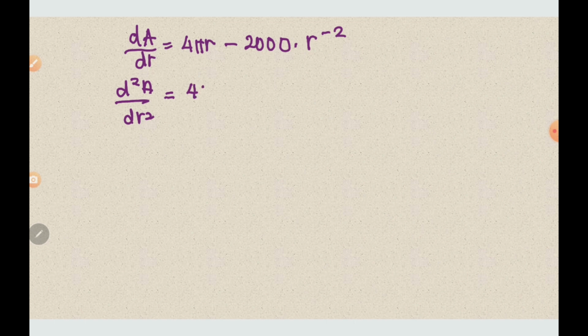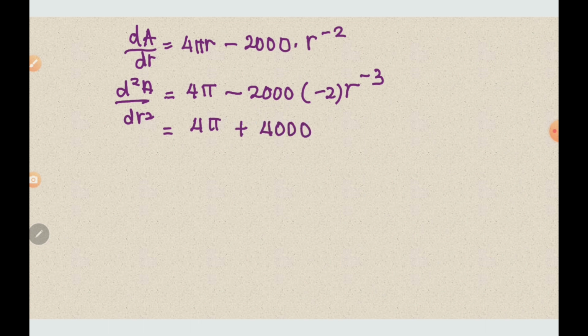Pi is a constant also, so minus 2000 multiplied by negative 2, bring in front, r to the power of minus 2 minus 1, you will have minus 3. And simplify to get 4 pi, minus minus, we have plus 4,000 over r cubed.